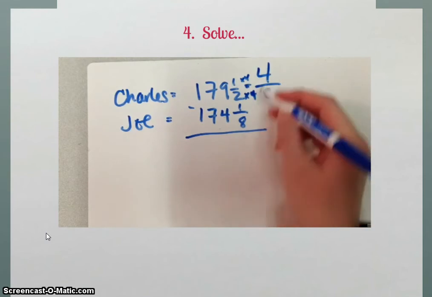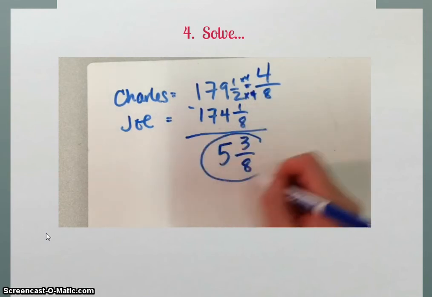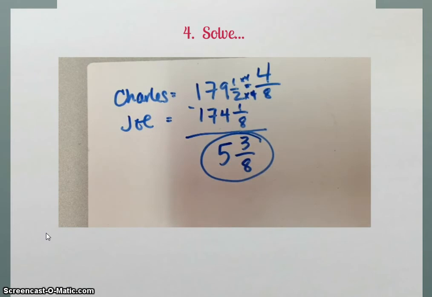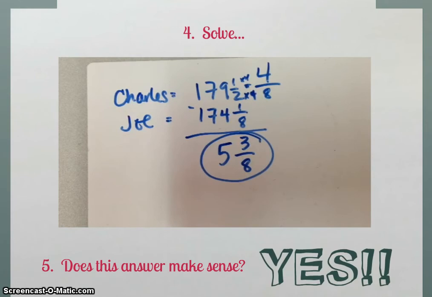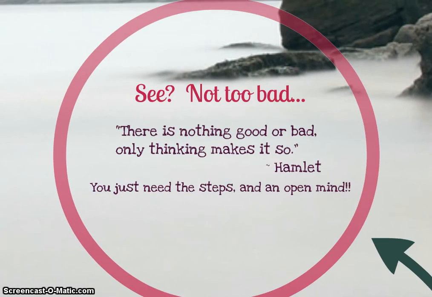And then I don't have to do anything to the second one, so I'm just going to subtract here. And there's my answer, 5 3/8 pounds, right? Okay, so does this answer make sense? And I think that it does. 179 minus 174 is 5. So from estimating, I know that my answer makes sense. So see, that's not too bad.